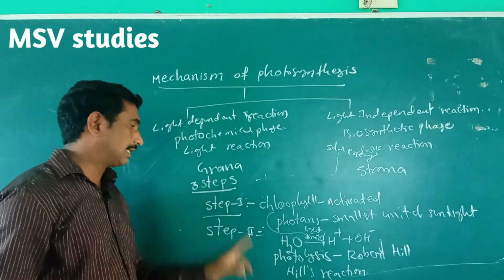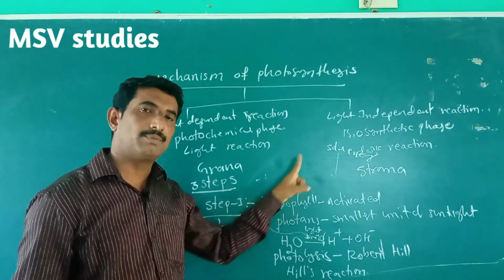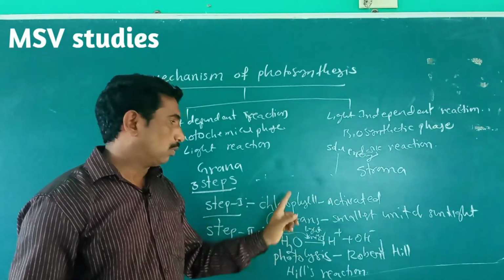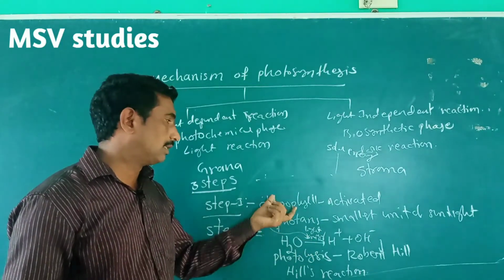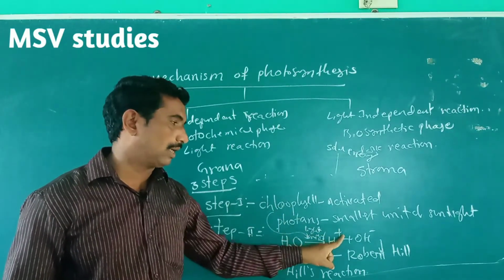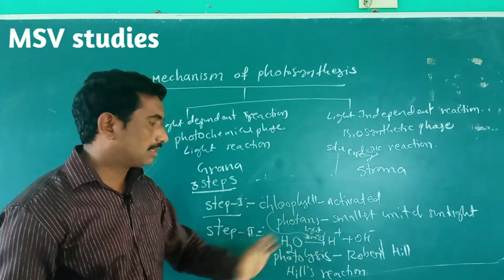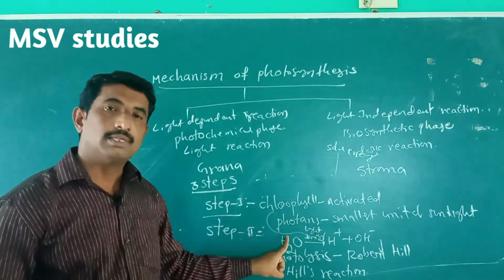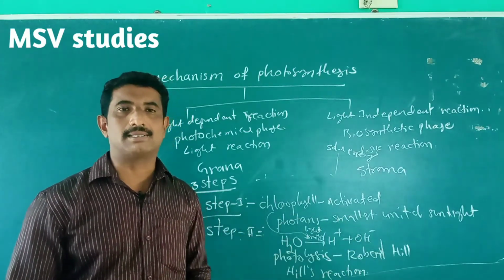Okay. In step 1, the chlorophyll molecules absorb some energy from the sunlight and become activated. That energy is utilized to break down water molecules into hydrogen and OH minus in the presence of light. Breakdown means lysis.